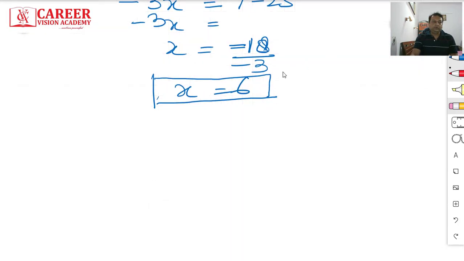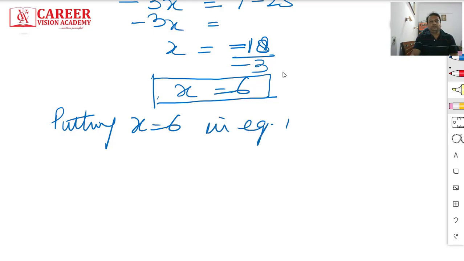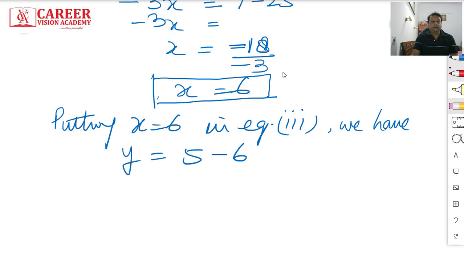So now here what you'll do, putting x is equal to 6 in equation 3, we have y is equal to 5 minus 6. y is equal to minus 1.